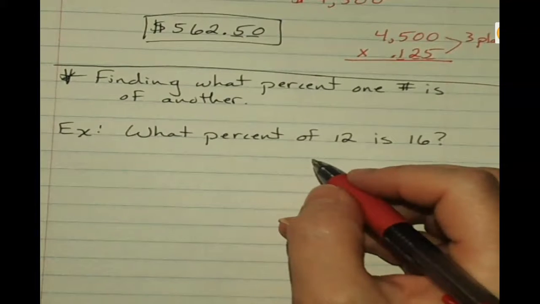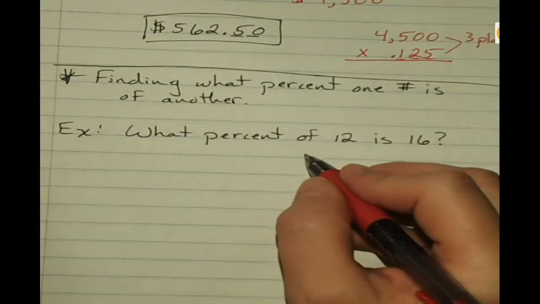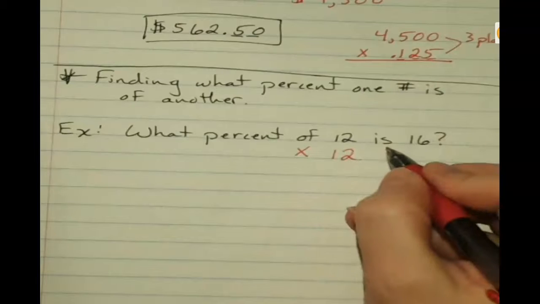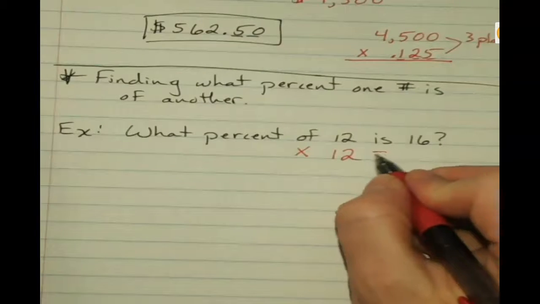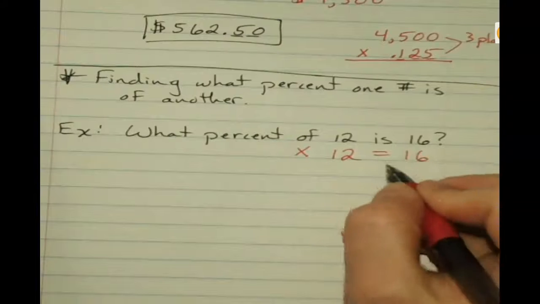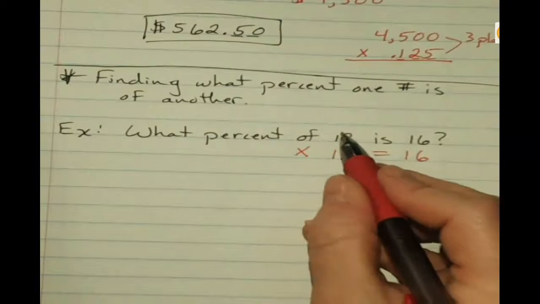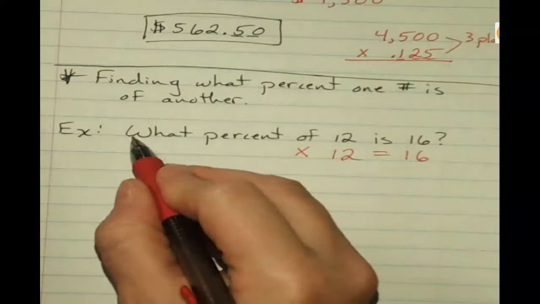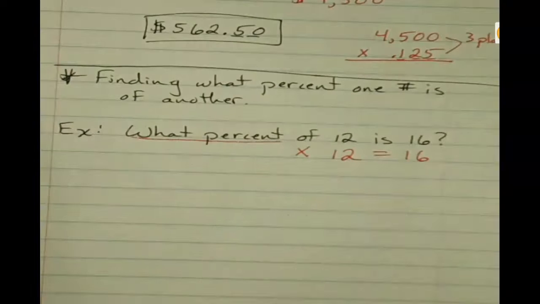All right. What is of, everyone? Multiplication. We bring down our 12. Does anyone know what is? Equals. All right, so we have of 12 equals 16. Do we know what percent is?